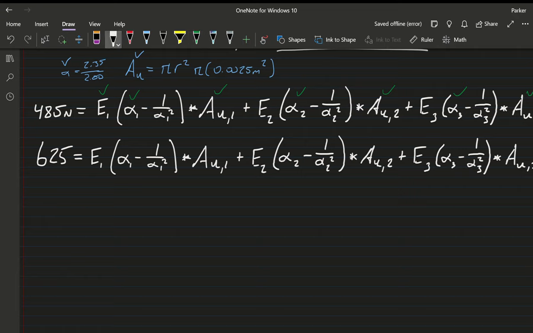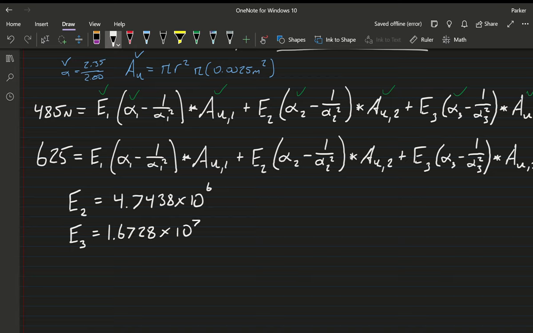You can even do them by hand, though I don't recommend it. When you solve for E2 and E3, you come up with E2 equals 4.7438 times 10 to the 6th, and E3 is equal to 1.6728 times 10 to the 7th.